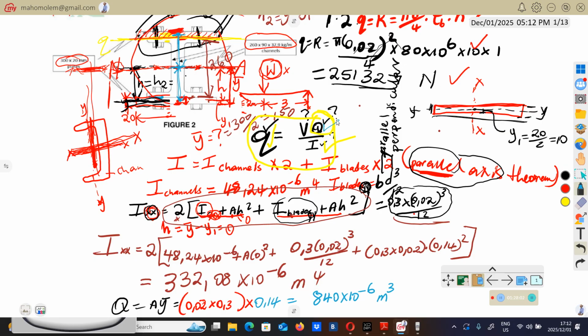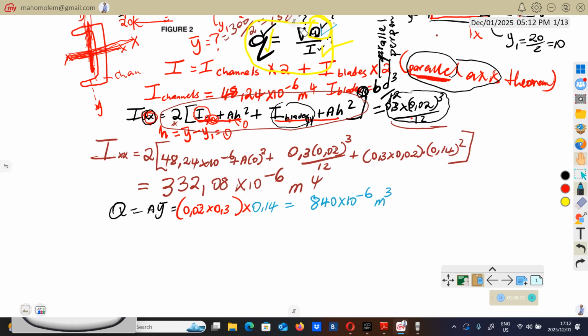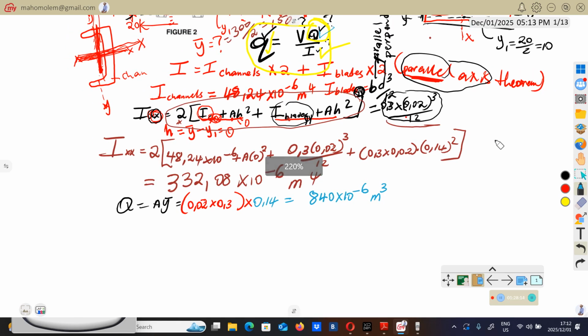So meaning that now we can find V, which is the shear force. Let's make V the subject of the formula from this. You will have V equals to QI over Q. We've got two Q's here. This one is the shear flow, this one is the area moment.